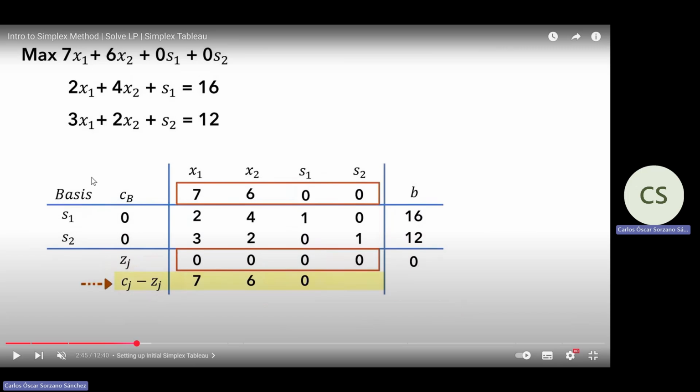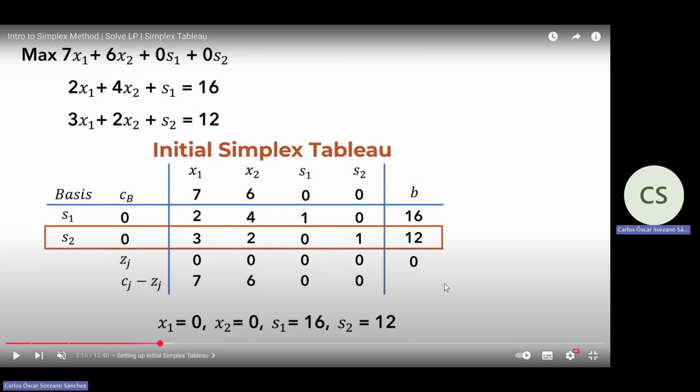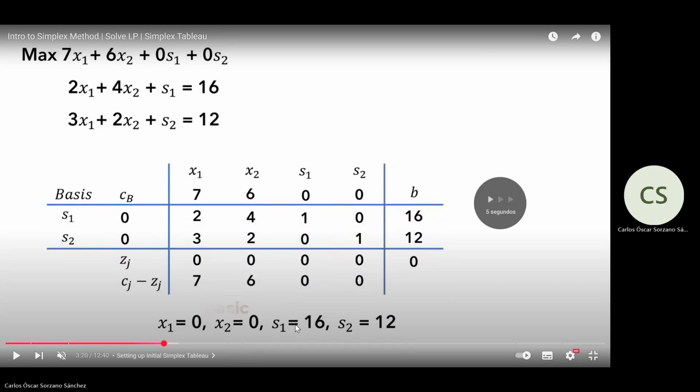Then we compute Cj minus Zj. Cj is this thing here, minus Zj, that is this line there. So it would be 7, 6, 0, 0, minus 0, 0, 0, 0. So it is that thing. Very good. This matrix is called the tableau. We have the first tableau, and we already have this solution.